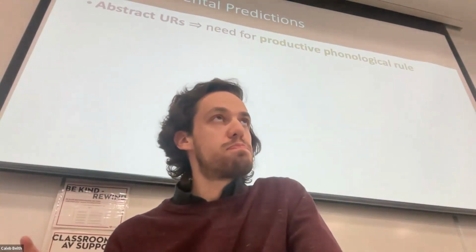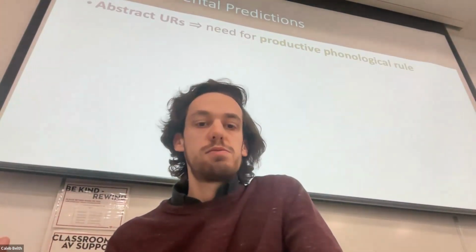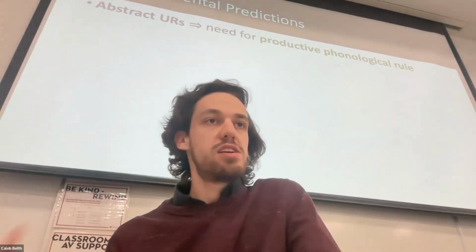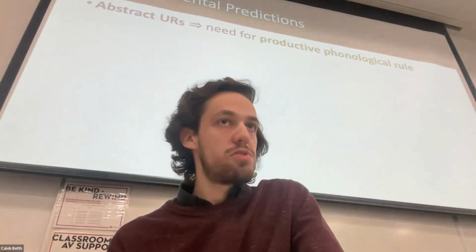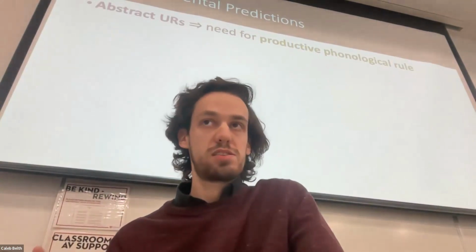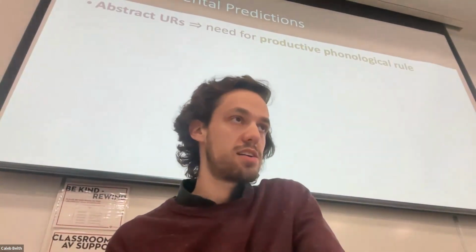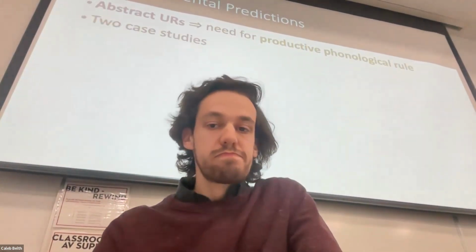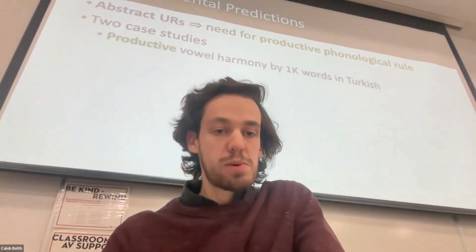But we do have fairly good ways of assessing productivity of generalizations. And so this connection is very critical, because what we can actually access is the productivity and not representation directly.